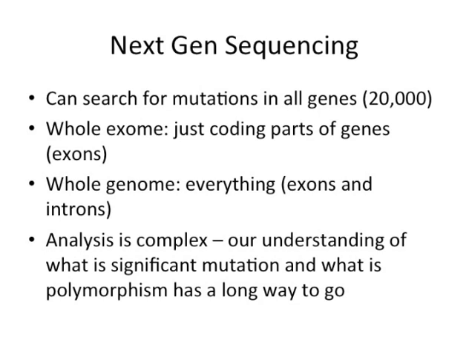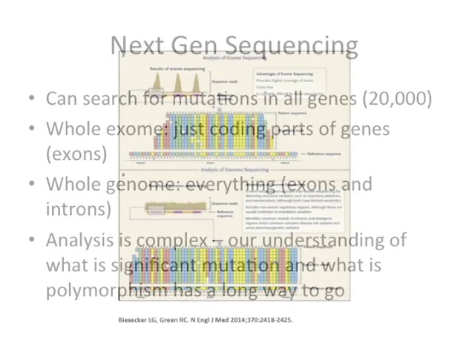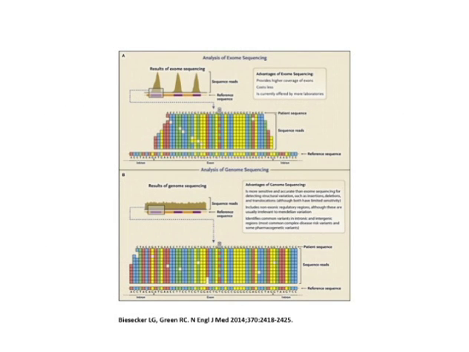And this is just from a recent article that was published in the New England Journal of Medicine by Les Biesecker and Robert Green from the NIH, and looked at some of the basics of utilization of next-generation sequencing and had a nice comparison of exome sequencing versus genome sequencing.